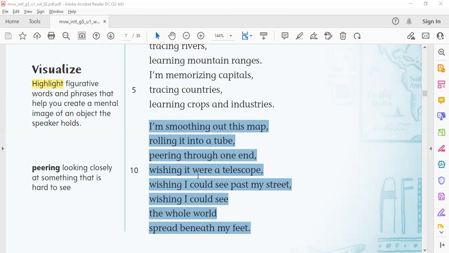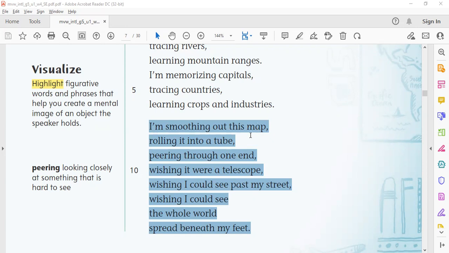So here, I have to ask Yamin. Our author here pretended she had a what? Pretended that she had a telescope, right? This telescope is really made of what?